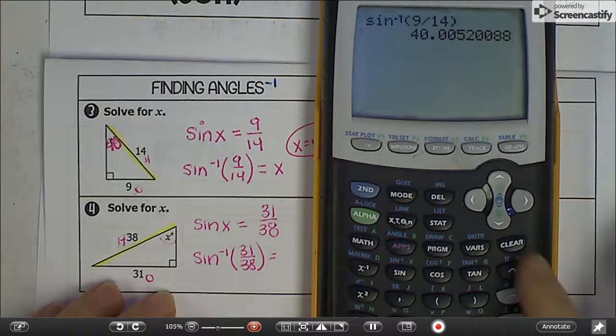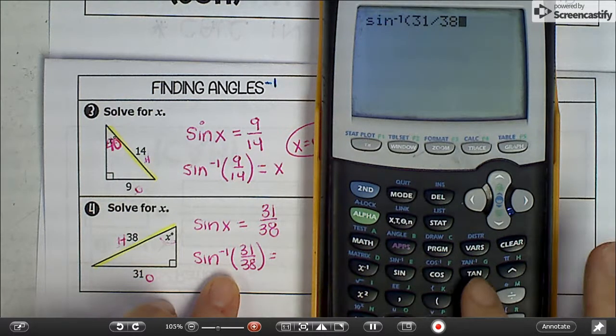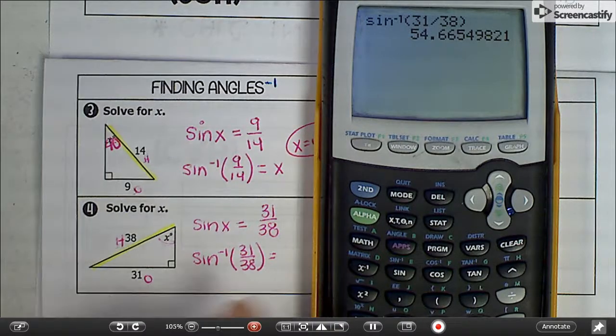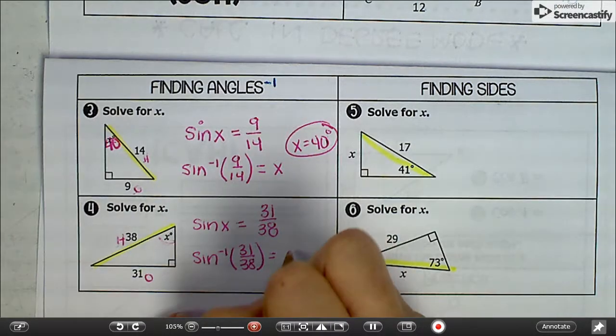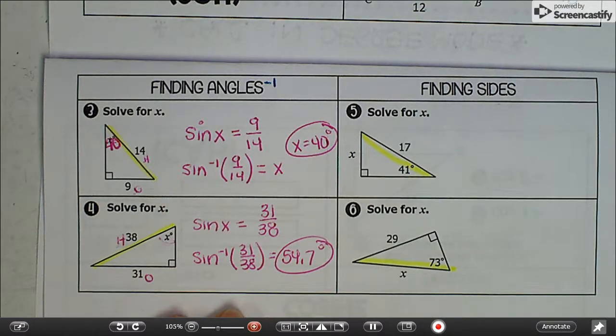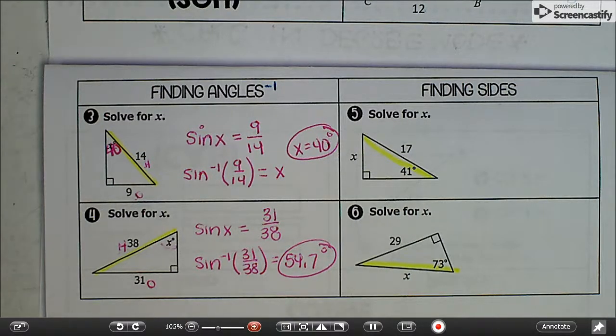Going back to the calculator, second sine, 31 over 38. 54.7. So that is 54.7 degrees. All right, and again, if this is 54.7, we can figure out this one using the triangle angle sum theorem.